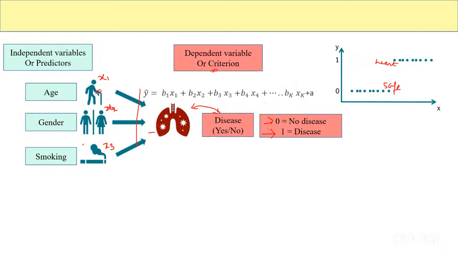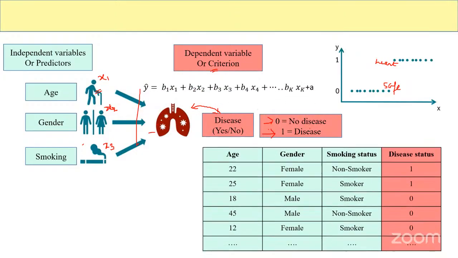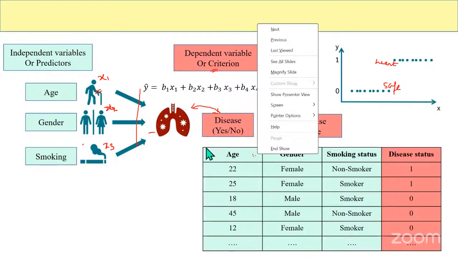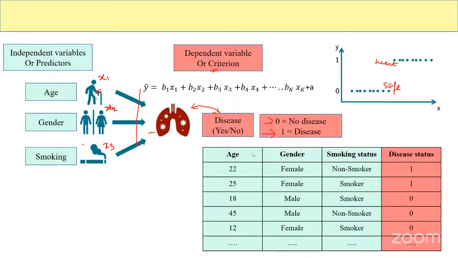And what is classification? Suppose I take the age of a person. Age is my first variable, x1. There is a person who is 22 years, a person who is 25 years, a person whose age is 18, 45, 12, something like that.